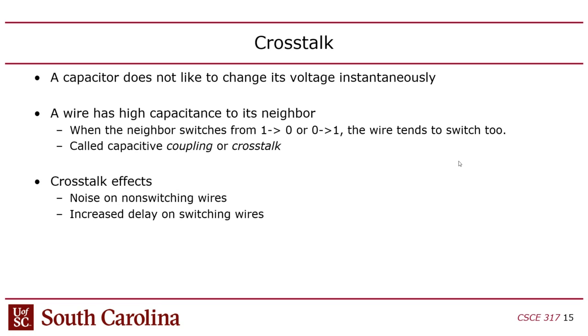It'll try to pull the voltage of the other wire up. That's basically AC coupling or capacitive coupling between the wires. And so that creates an effect that's called crosstalk. And so what it ends up doing is it creates noise on wires.